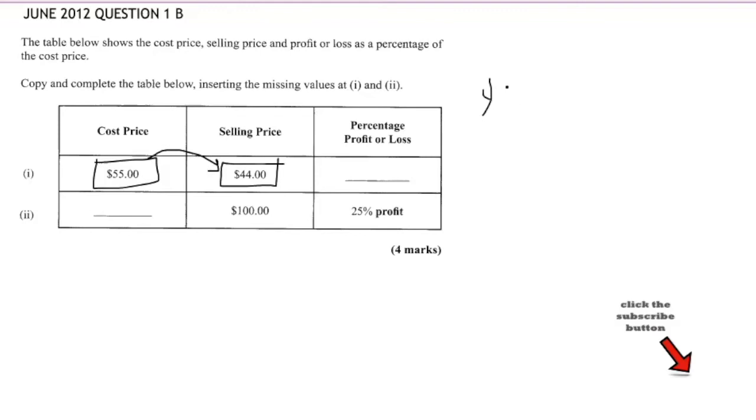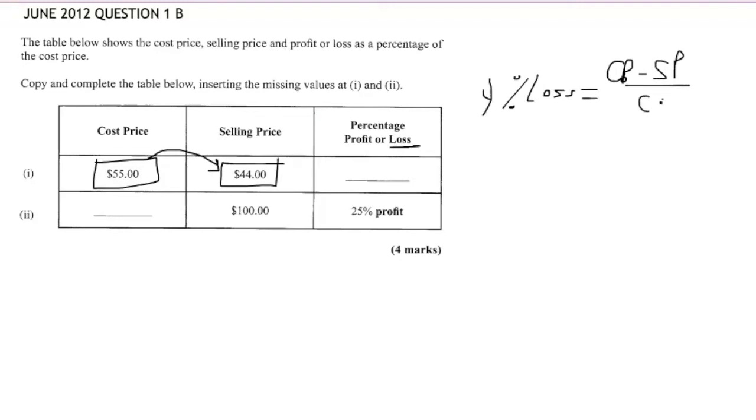So that means in this case, it's a loss because of the reduction in value, then I am going to say the percentage loss is equal to the cost price. So I'm going to have CP minus the selling price over the cost price times 100.